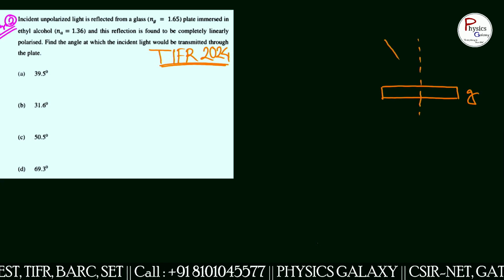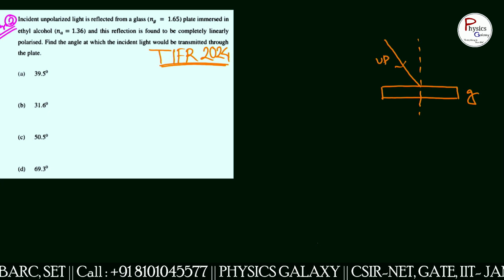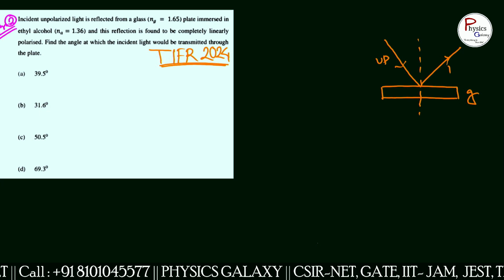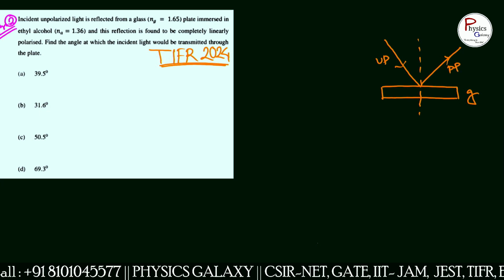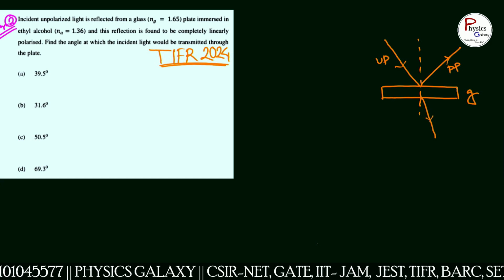An unpolarized light falls on the glass plate. Some part of it is reflected back, which is plane polarized, and some of it is transmitted.